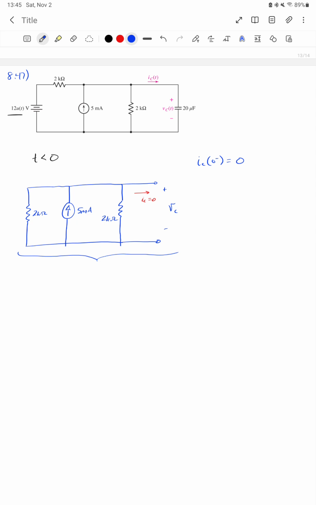So for t less than 0, once again, we're going to try to find this Thevenin equivalent for right now. Well, all these branches are parallel to each other. So this resistor is parallel to this resistor, which means we can just combine them. So this Thevenin is actually going to be pretty easy to figure out.